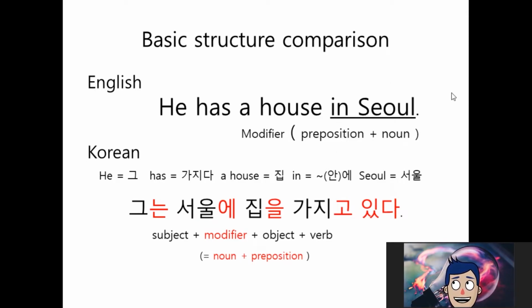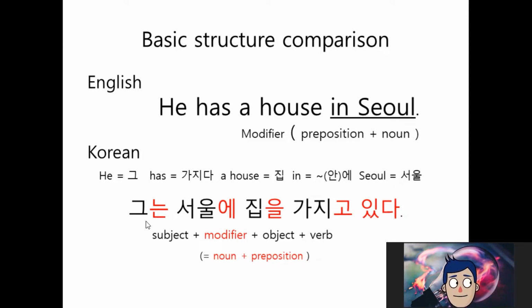So in Seoul, right? In Seoul, this is 서울에. Okay, then the order of this part is really different, right? In English, preposition and noun, right? However, in Korean, noun and preposition.